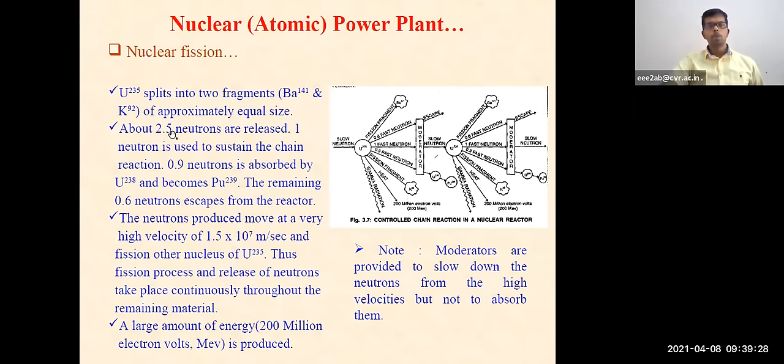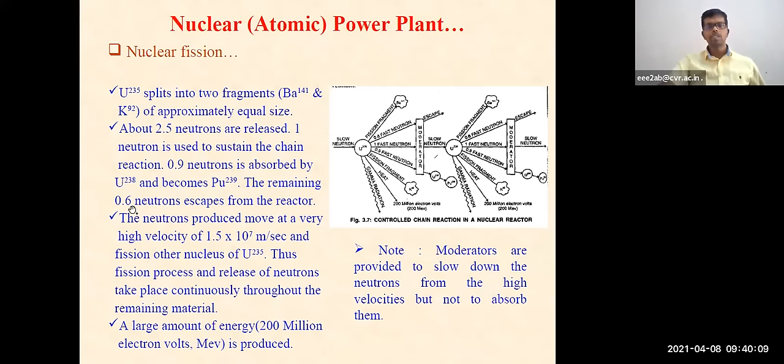About 2.5 neutrons are released, and 1 neutron is used to sustain the chain reaction. 0.9 neutron is absorbed by uranium-238 and becomes plutonium-239.